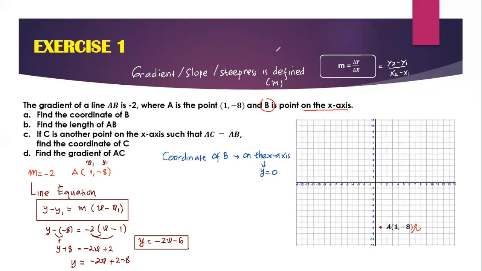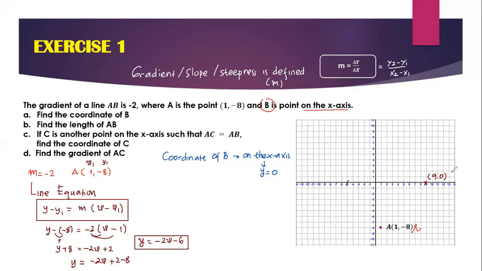Let me give you an example again. What about this one here? You can say this one is (-10, 0). What about here? You can say that (-5, 0). And here, let's say this one is on 9, so we can say (9, 0).